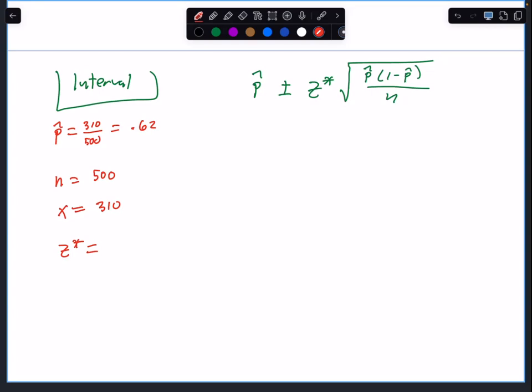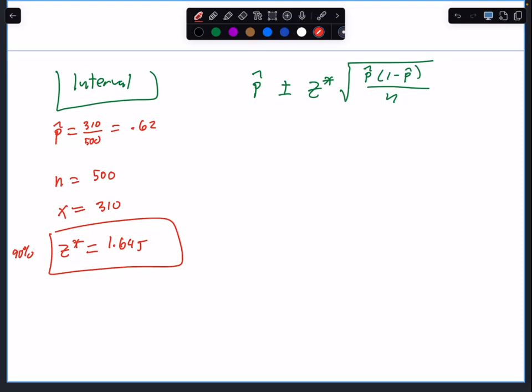And how did you find that? It's in the notes. Right there. You've been writing your notes. And if you're one of those individuals who doesn't write their notes, don't be shocked to look at the exam and go, I don't know how to do this. Because you're not taking notes. It's right there. 1.645 because we are doing 90% confidence.